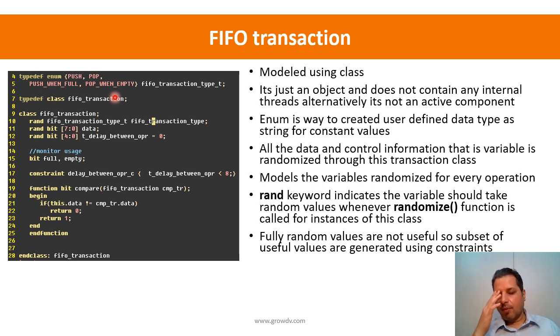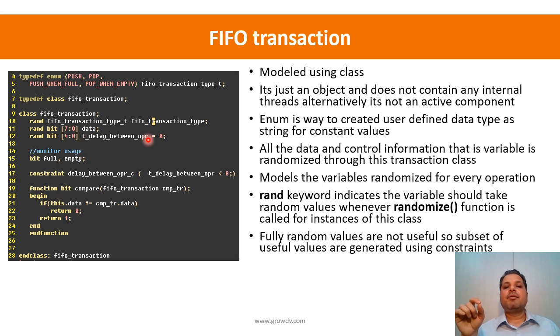If you remember in the gen push, we were putting an inline constraint. Constraints can be put either in the class or as a part of the randomize call inline. So we had put an inline constraint saying that this type should take a value equal to push. Now for the data, we are not putting any constraint, so it can take any value between 00 and FF.